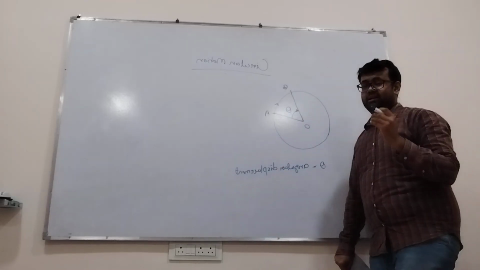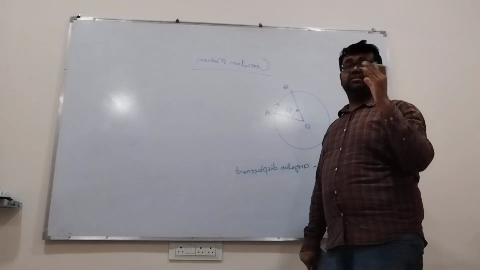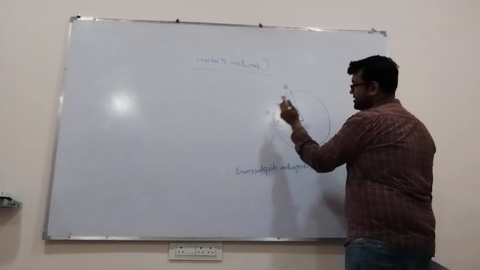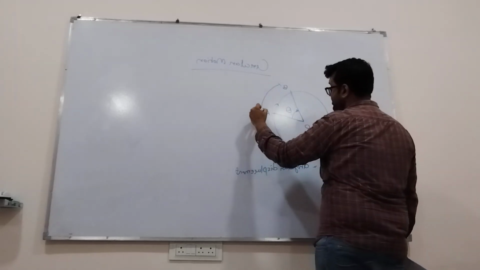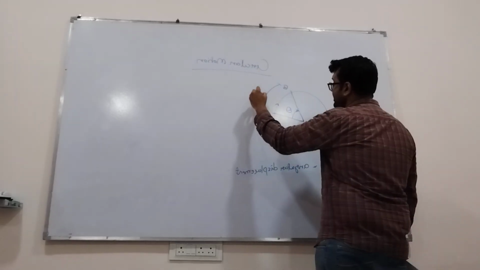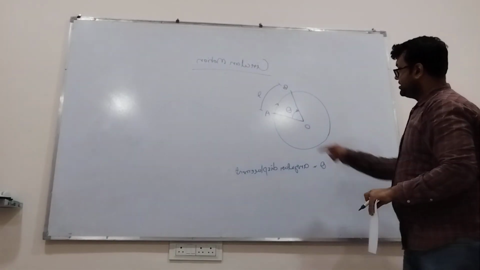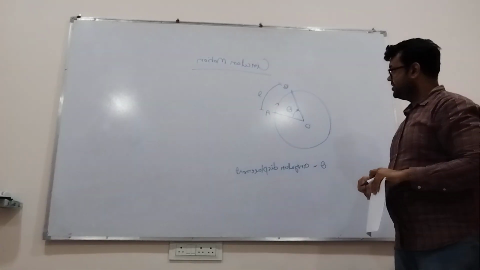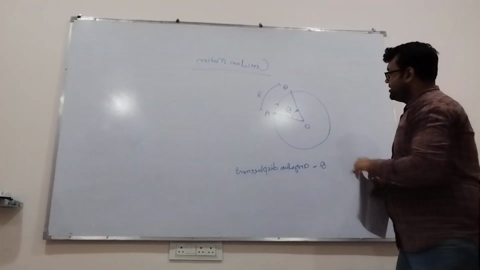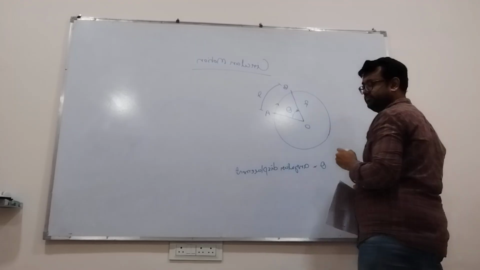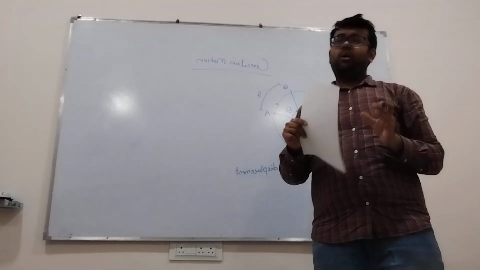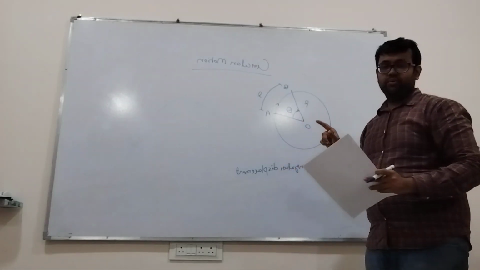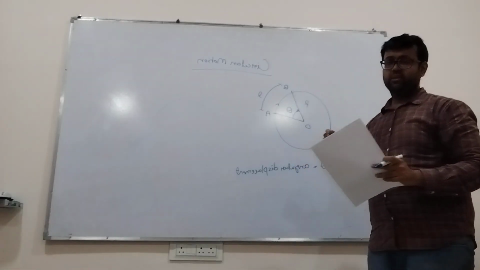Right? And as we have discussed earlier, the simple distance from A to B is the length of this arc, suppose L. And suppose the radius of the circle is R. Now suppose we know the value of L. Can we find out the value of theta?